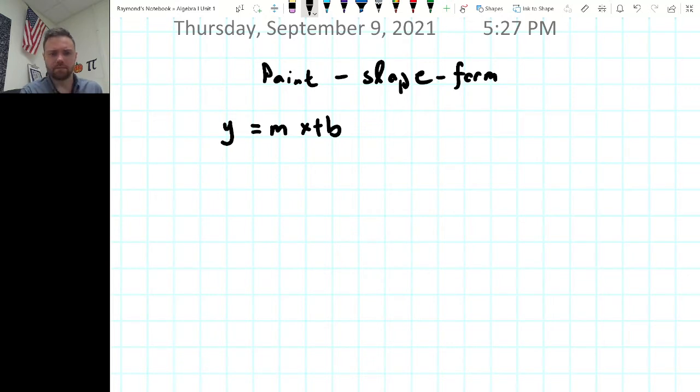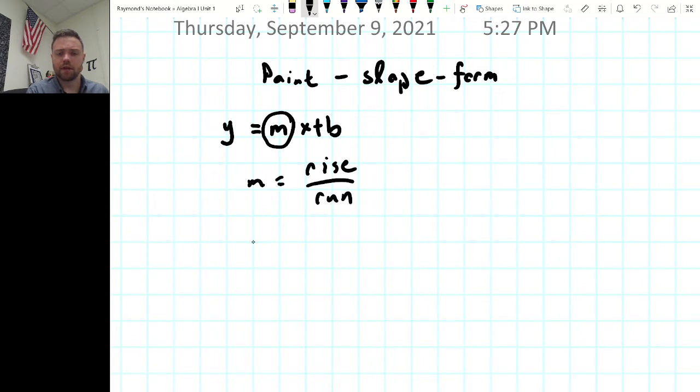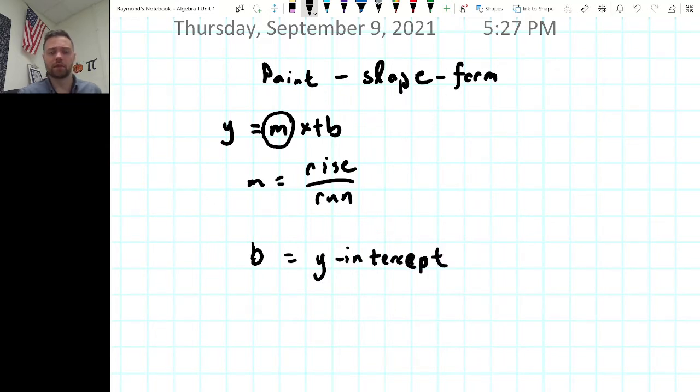But the slope comes from this term here. Whatever value of m tells you the rise over the run. So m is rise over run. And b is your y-intercept. So it tells you where your line is crossing the y-axis, okay?